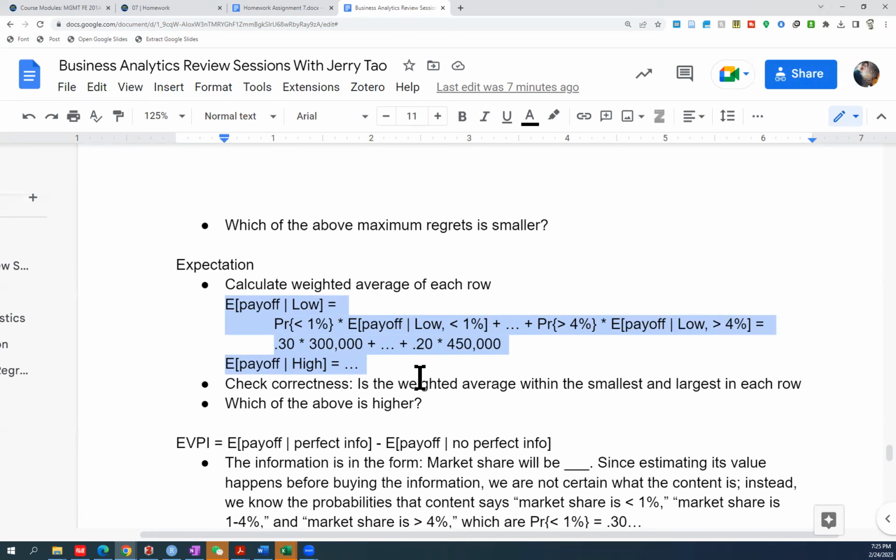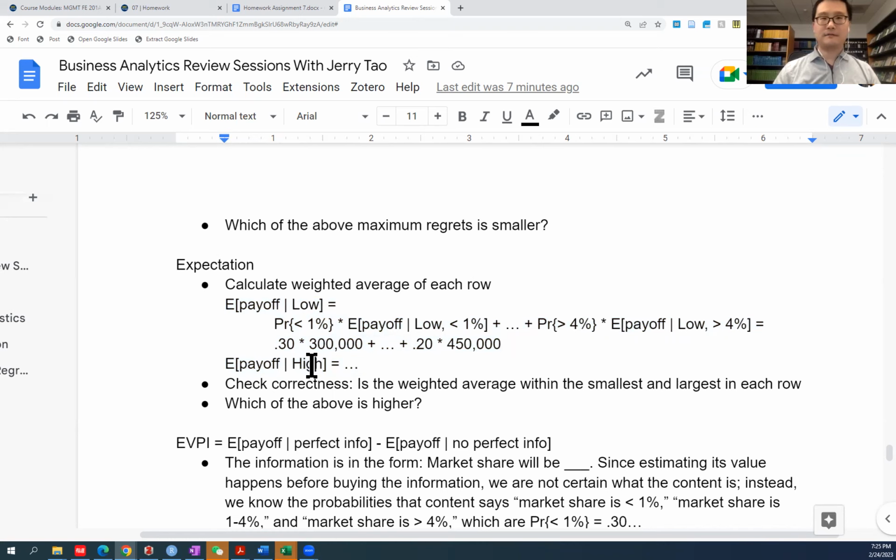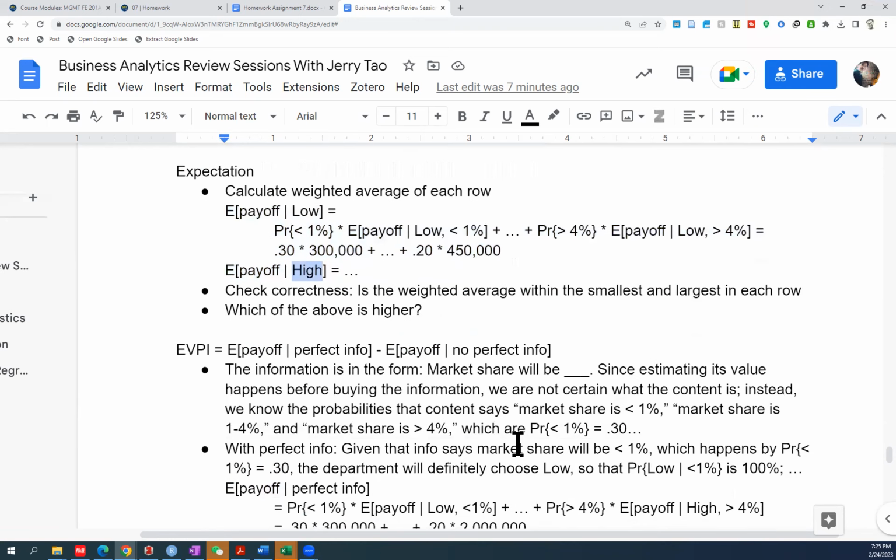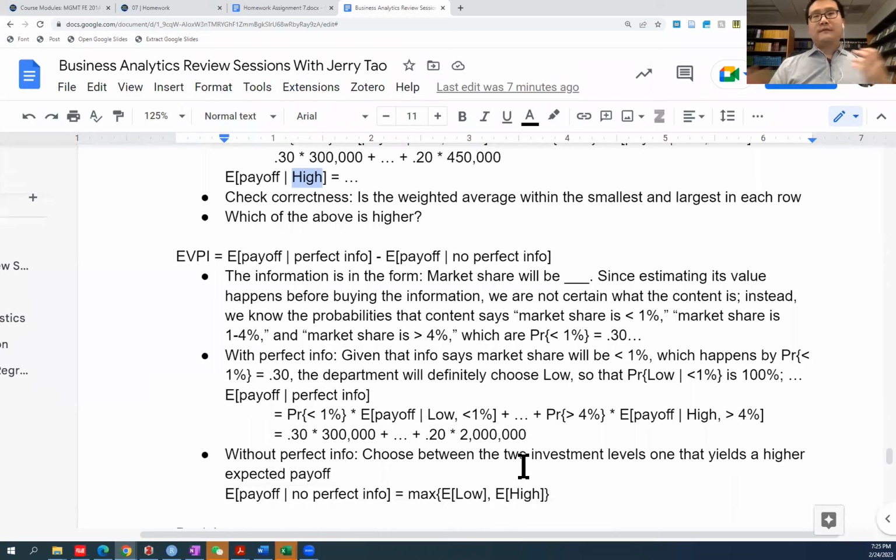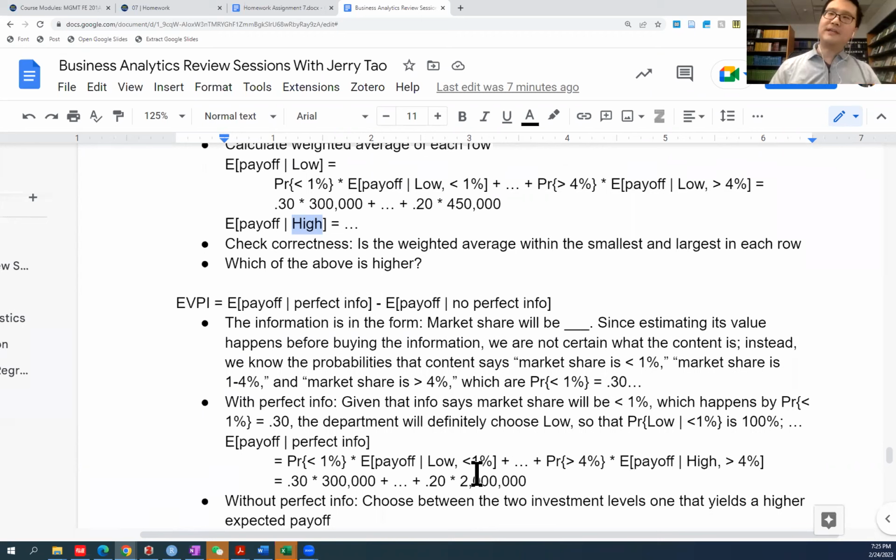So without buying the information, we already made the higher payoff. Then let's see if we could make a better decision if we get any further information regarding market share. This information comes in the form that, let's say, consulting firms give you a report saying that we are very confident market share will be either low, medium, or high.